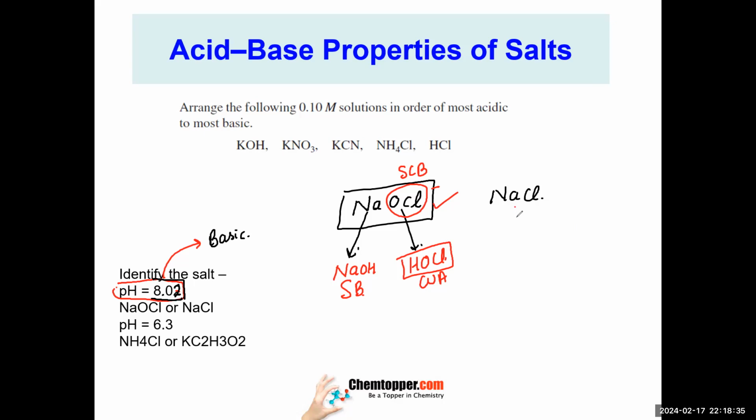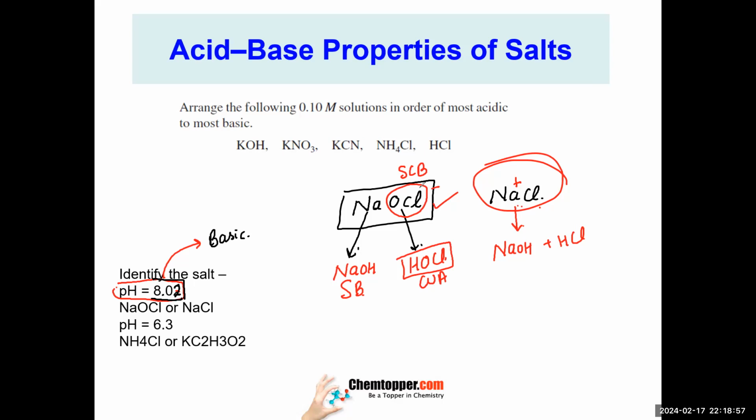What about NaCl, Ariba? NaCl? Na plus has come from NaOH, and Cl minus has come from HCl. So what kind of salt is this?